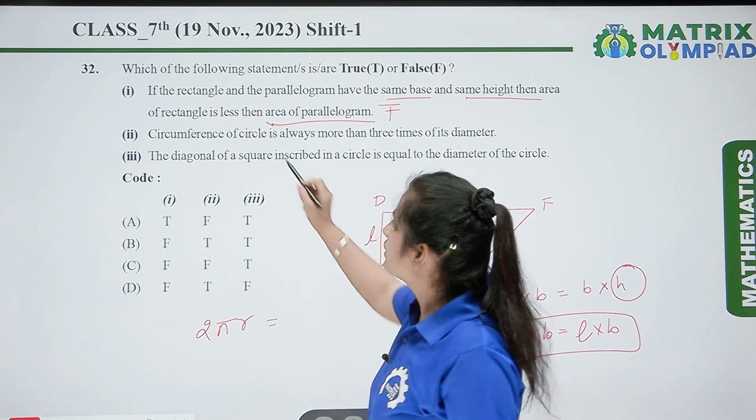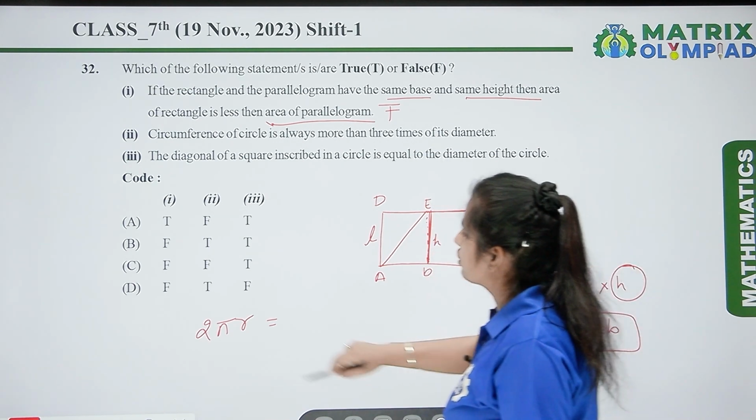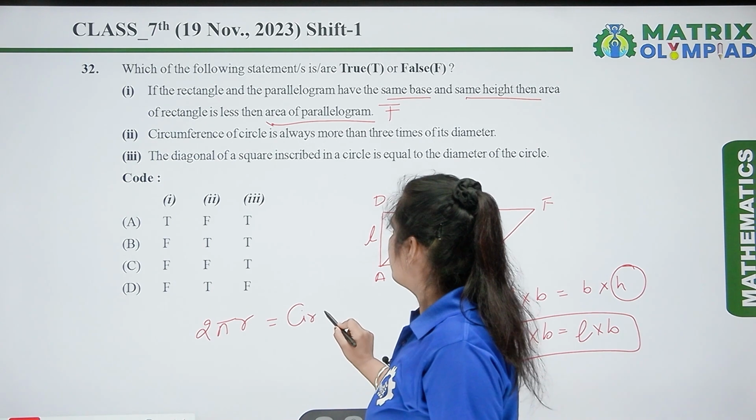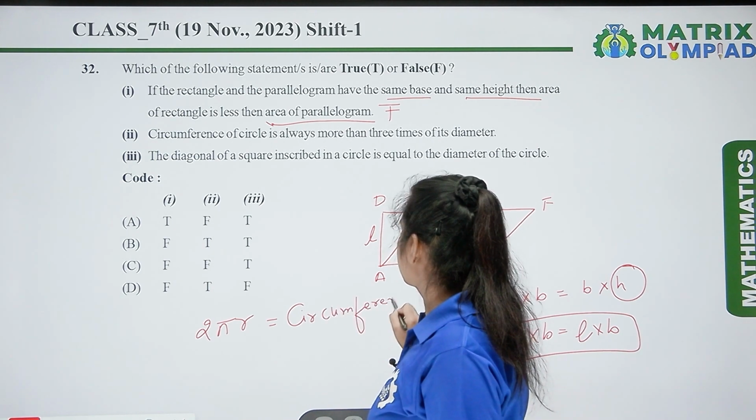So, here it is saying that circumference of a circle is always more than. So, 2 pi r is the formula of circumference here.